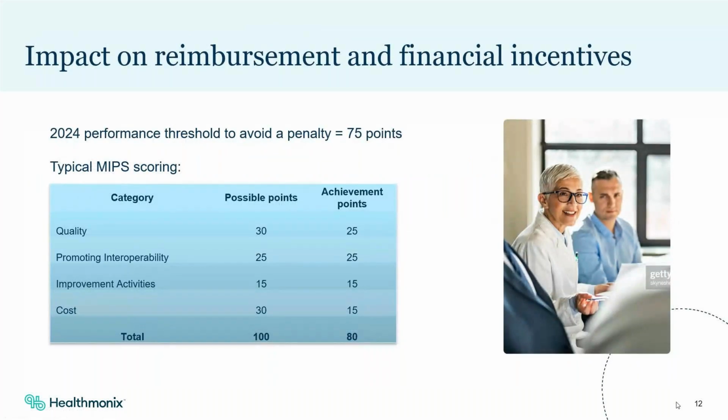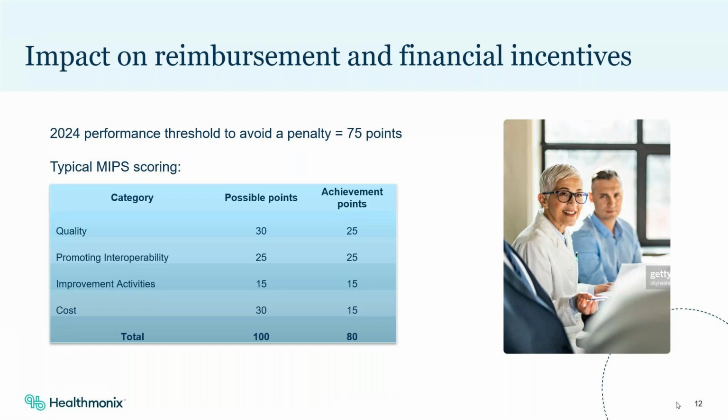Right. So let's say you're a studious, involved MIPS participant, and you've worked really hard and you've gotten 25 out of 30 quality points, which in this day and age can be pretty hard to do. In addition, you've gotten a perfect PI score, you've gotten a perfect IA score. So at that point, you have 65 points. If you get an average cost score, you're at 80.